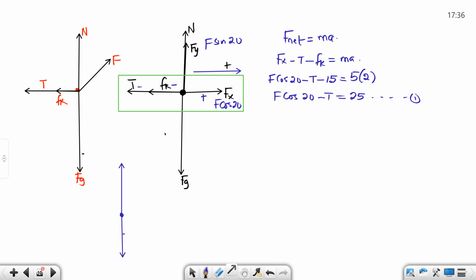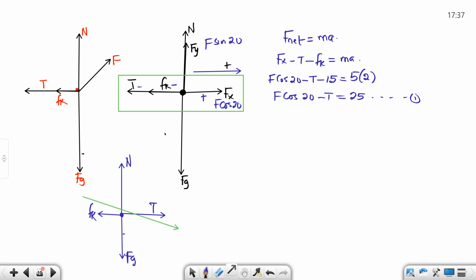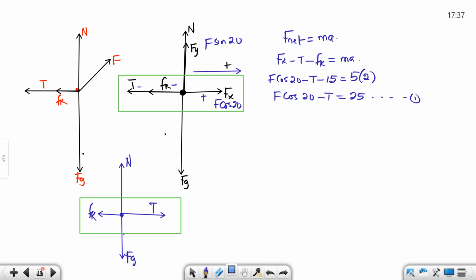Time is always running, but all of this you've done in school. This is my friction. That's my tension, because we are pulling the object to the right. Normal. Again, keep the same direction that we chose. Right is positive. This will be positive and that will be negative.